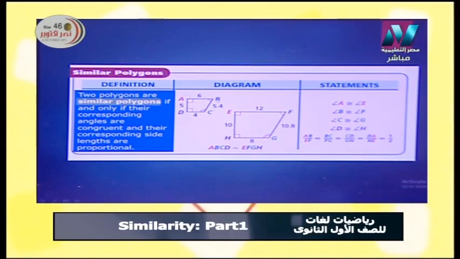AB here corresponds to EF, so when we divide 6 by 12, the answer is half. BC corresponds to FG, so BC over FG is half, and so on.